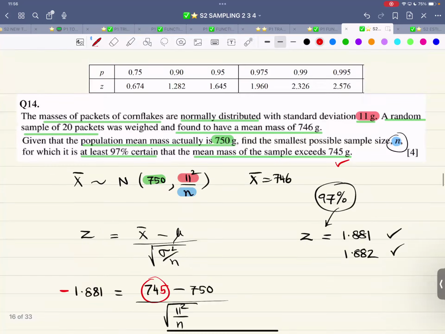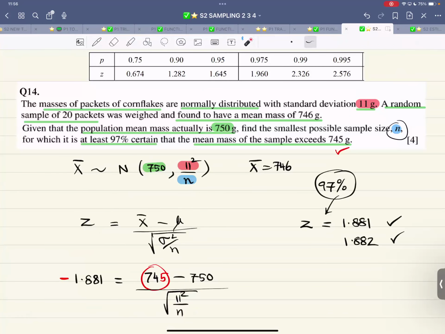Okay. It says the masses of packets of cornflakes are normally distributed. This is the standard deviation. Random sample gave the mean mass as 746. That is something separate. Given that the population mean mass is actually 750, so 750 goes over here. Standard deviation goes over here. Find the smallest possible sample size, so n goes over here, for which it is at least 97% certain that the mean mass of the sample exceeds 745.